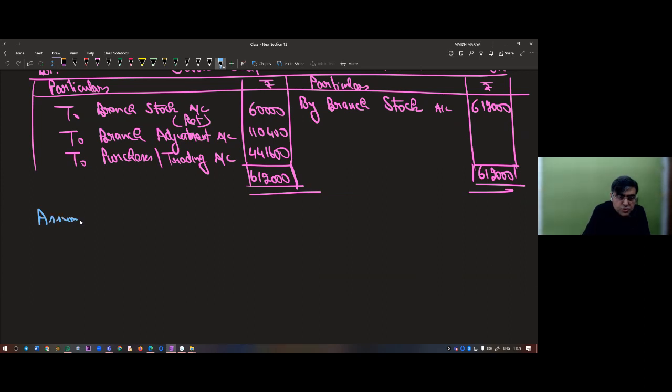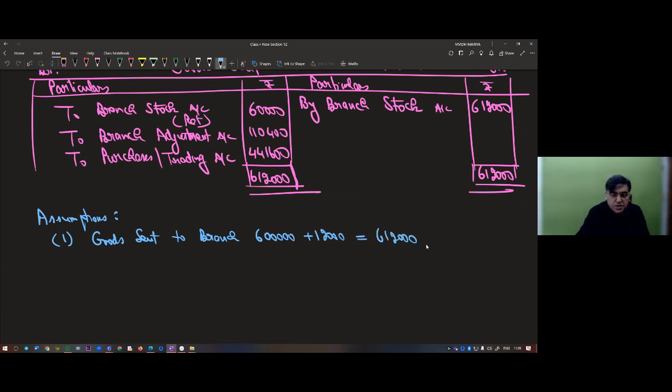Assumptions. Goods sent to branch, 6 lakhs plus 12,000.